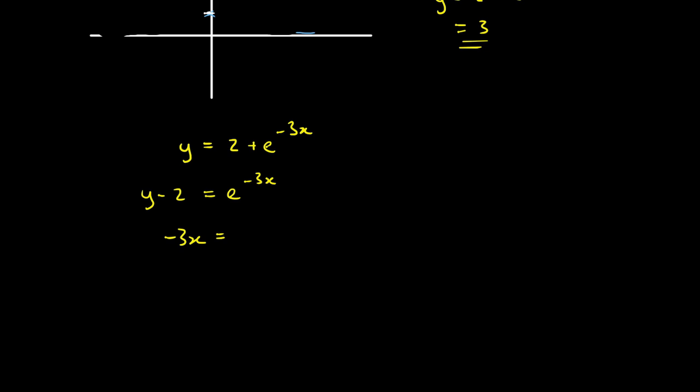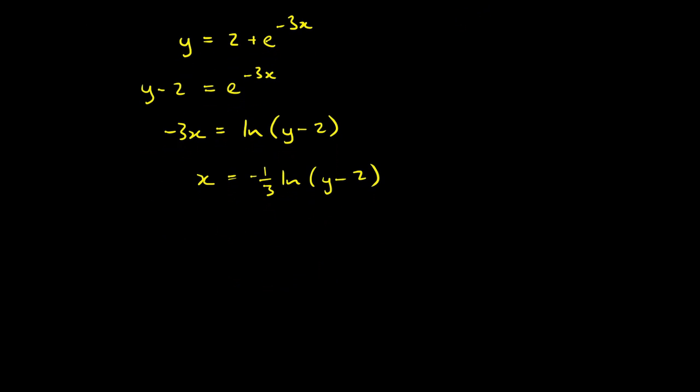So negative 3x is equal to ln(y minus 2). So x is equal to negative a third ln(y minus 2). And so therefore, f inverse of x is equal to negative a third ln(x minus 2), where we just replace the y with the x in the last step.